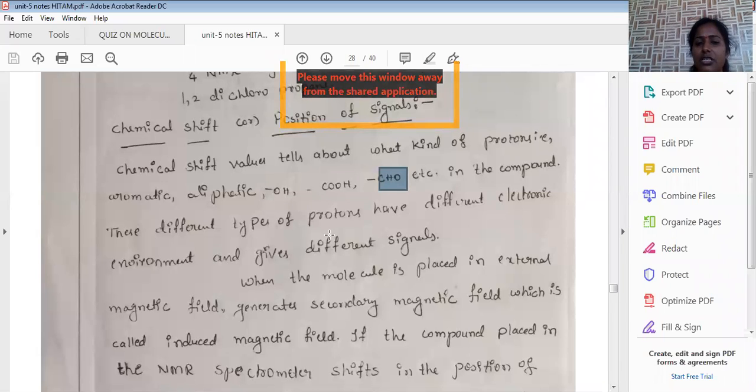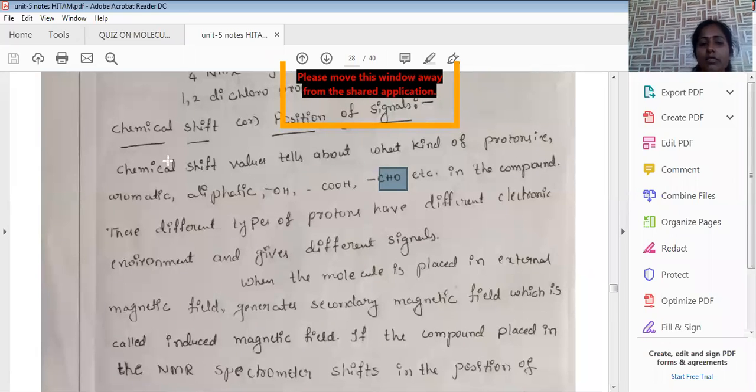It may be CH3, it may be aromatic hydrogen, whatever the type of hydrogen, we can easily identify it by using this NMR spectroscopy. Compared to all the remaining methods, NMR spectroscopy will give the maximum information about the unknown compound. Most of the information can be obtained by NMR spectroscopy only.